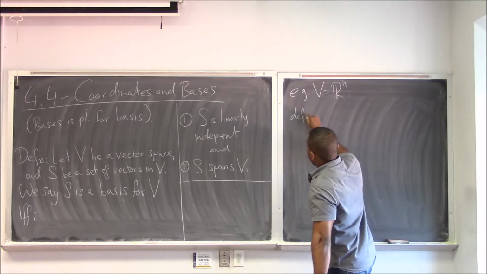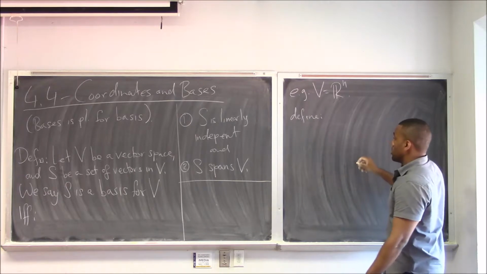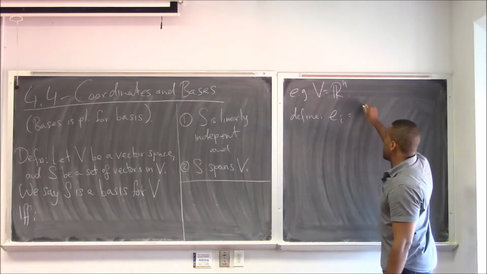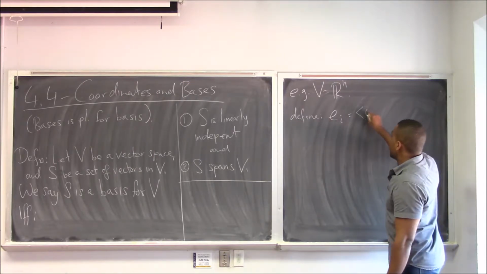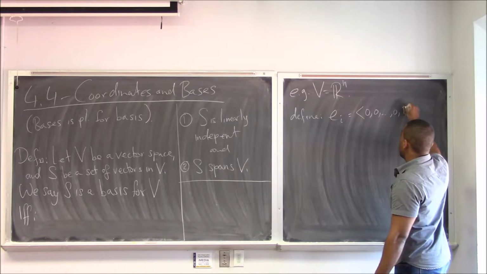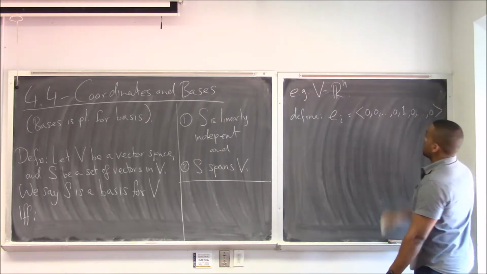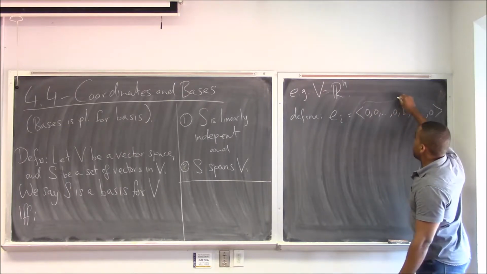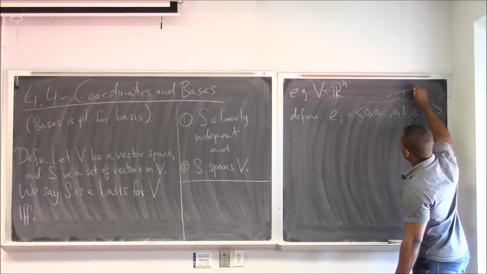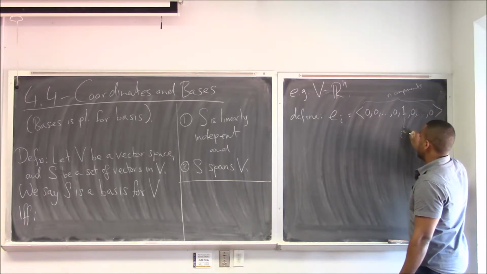Define, and here I'm pretty much defining a notation, we use the notation e sub i to represent the vector 0, 0, and so on, 0, 1, the number 1, 0, and so on, 0, where these have n components.